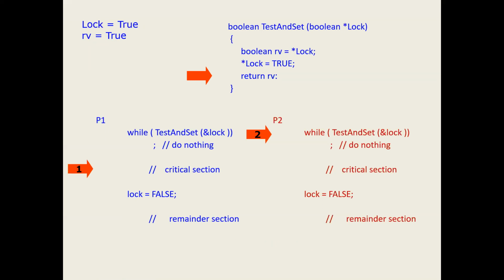At the moment the output of test and set is true, so the while loop condition is true, so it's in the waiting state. Until P1 completes and puts the lock into false, P2 cannot enter the critical region. So P2 is in the loop.